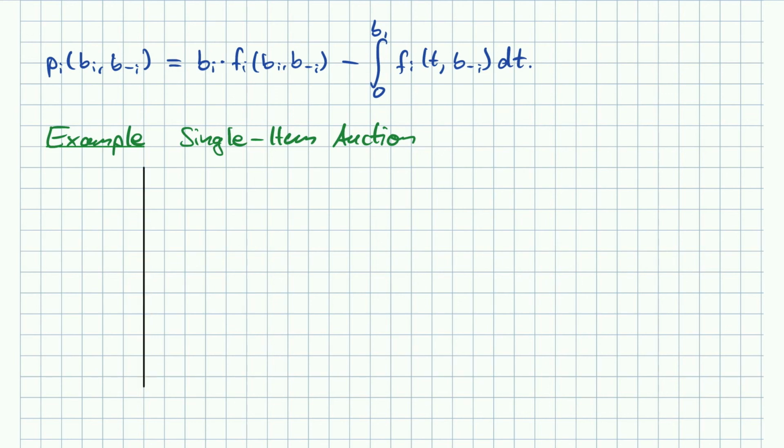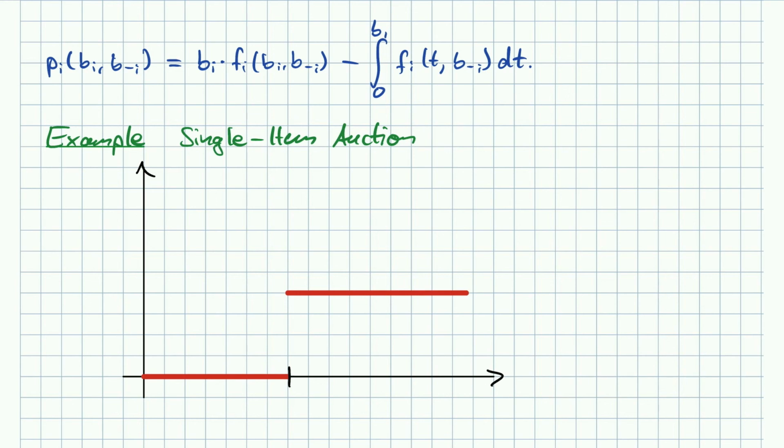We could, for example, take the allocation rule in which the bidder with the maximum bid wins. What will the curve look like? We've seen this before. This will be 0 up to some point, and then it will be 1.